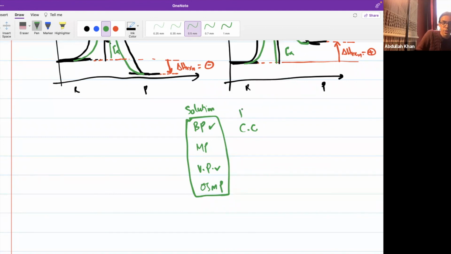Anything that has to do with pressure versus temperature, CC. Maybe Henry's law for gases, right? More pressure, more dissolved gas. You could be asked to calculate Henry's law constant, or given a pressure and asked to calculate the solubility, or the other way around.